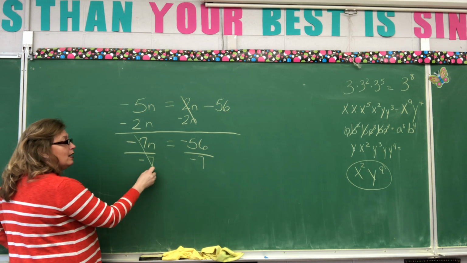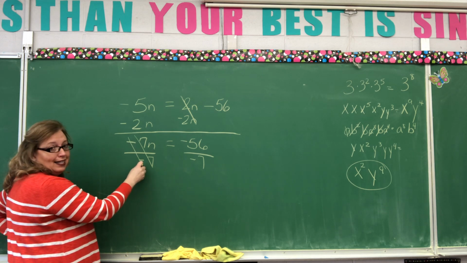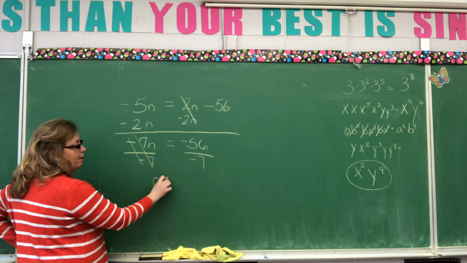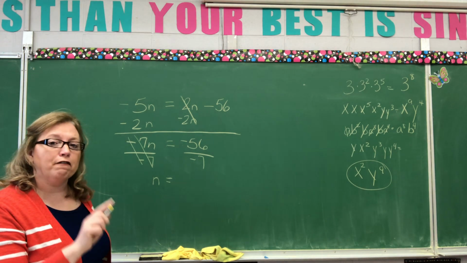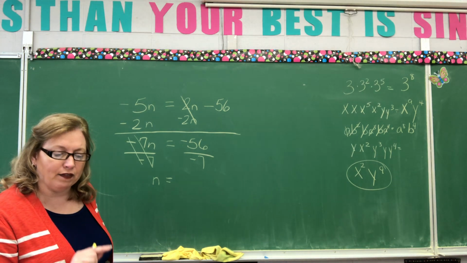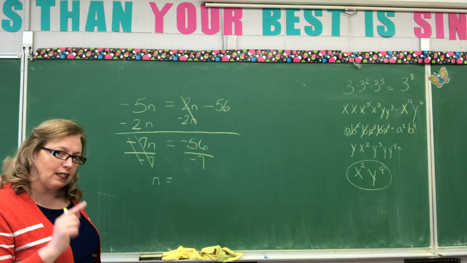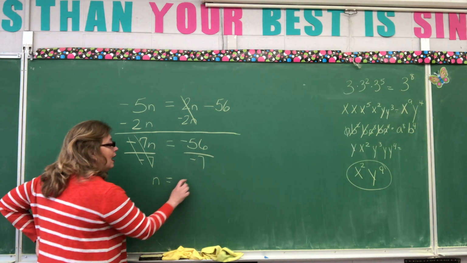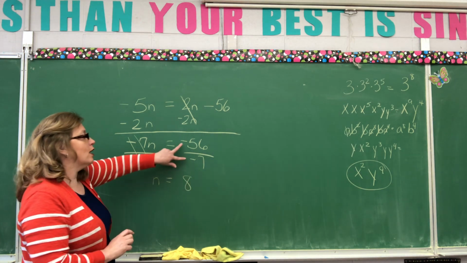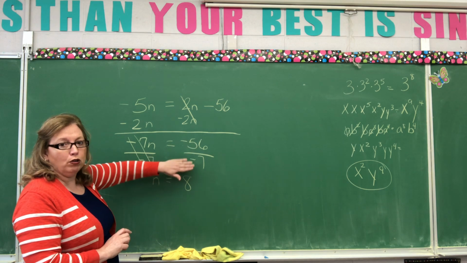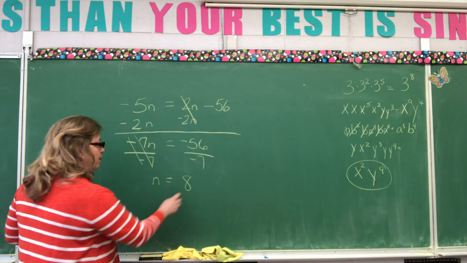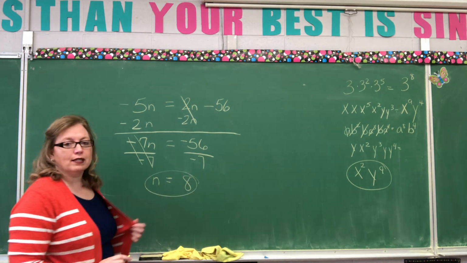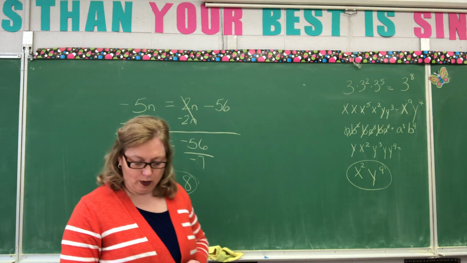Okay, these are going to cancel, just like the signs cancel, leaving me an n. Now I have a negative 56 divided by a negative 7. Well, 56 divided by 7 is 8. Because I'm dividing and both numbers are negative, my answer is positive, okay? So my answer is positive 8, or n equals 8.